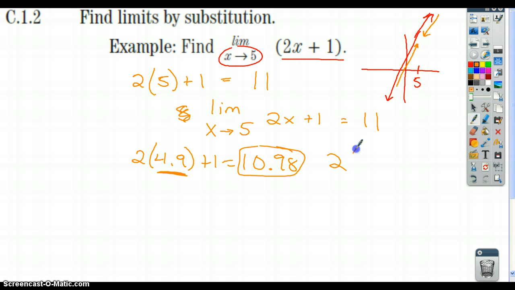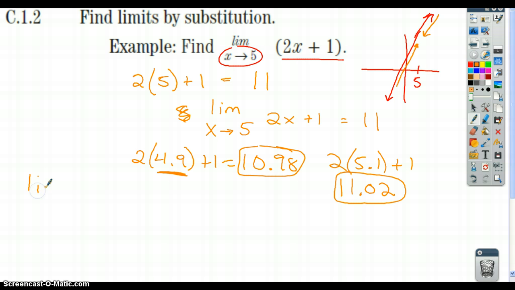When x is 5.1, we get 10.2 plus 1, which should be 11.2. So we see that as x gets really close to 5, the function values get really, really close to 11.